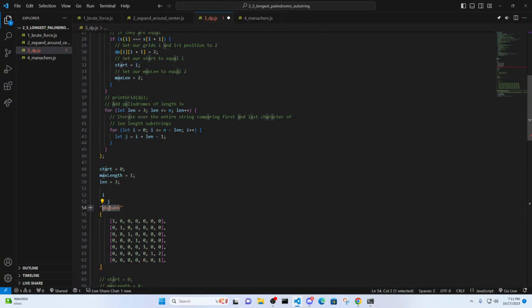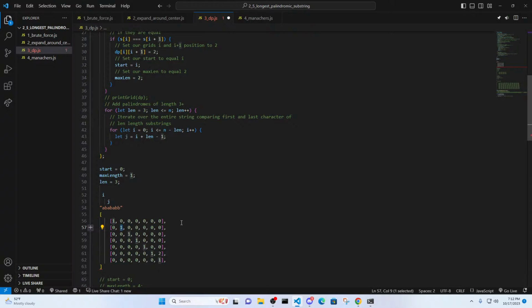We're comparing string i with string j. If those are the same, what we want to do is check to see if the character at i plus 1 and j minus 1 was a palindrome. And so if I check, i plus 1 is 1, so it's this array right here. j minus 1 is also 1, so it's this element right here.